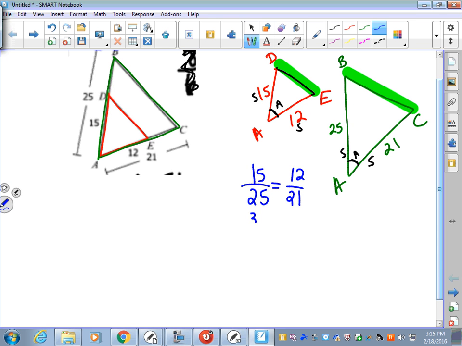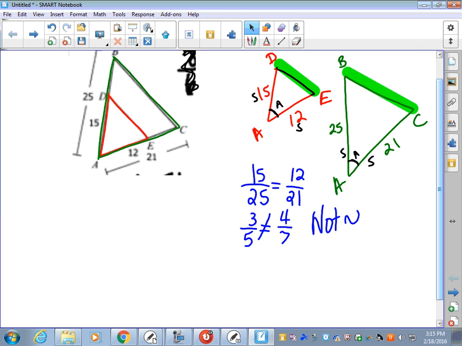We get 3/5. And in the calculator, what do we get for 12 over 21? All right. Is 3/5 equal to 4 over 7? Nope. Since that is not, it's not similar. Okay? So on the back, we're going to show that it's not similar. So whenever it's not similar, we're not going to write a similarity statement.